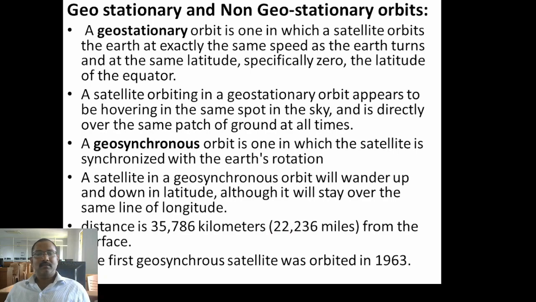The distance is about 35,786 kilometers, around 22,236 miles from the surface. And the first geosynchronous satellite was orbited in the year 1963.